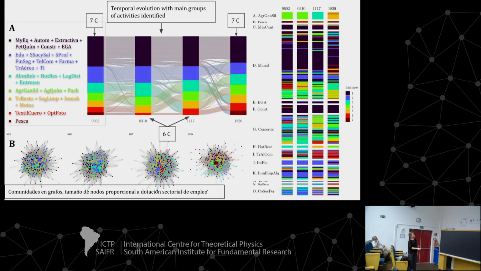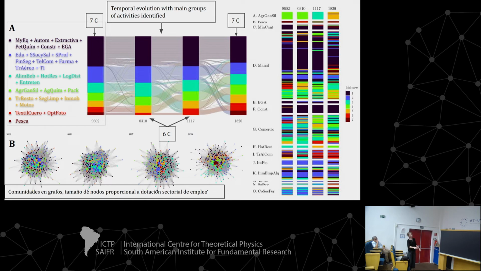And these are the communities, where the size of the nodes is proportional to the size of the employment sector, so how much employment it absorbs.